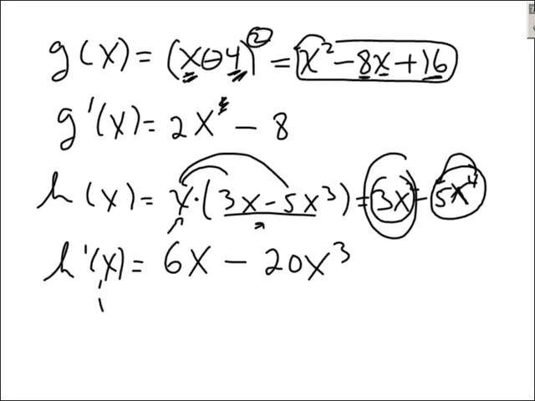Okay, so now we'll do something a little bit different. I'll give you a function, and I'll ask you to find the equation of the tangent line at a given point.